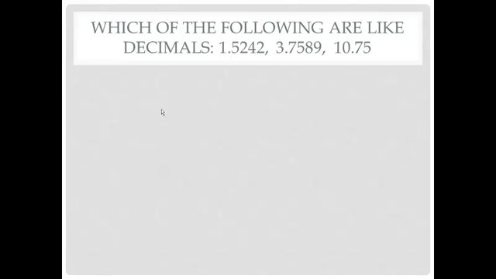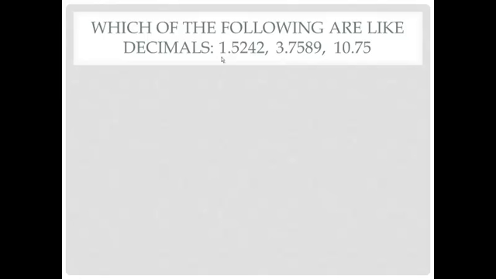Which of the decimals are like decimals? Again, if you read your text, like decimals have the same number of numbers after the decimal. So here I have 1, 2, 3, 4 numbers after the decimal. In this second one I have 1, 2, 3, 4 numbers after the decimal. In the third one I have 2 numbers after the decimal.